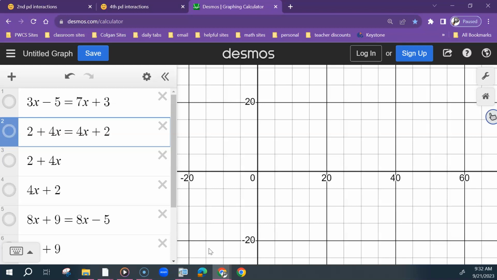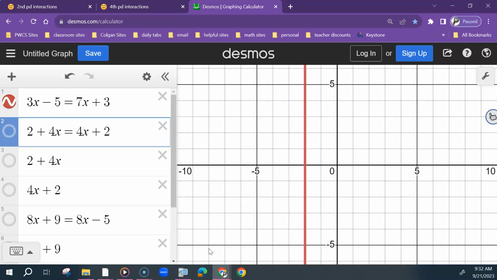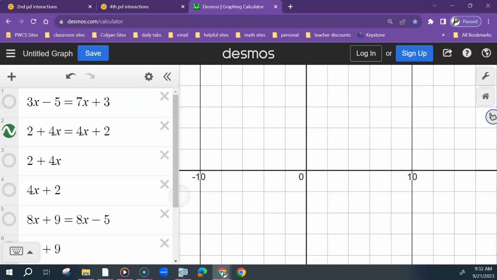So if we have one solution, so I typed in this, it will look like a line. Whatever that line is, look at the x value. The answer to that equation would be x equals -2. That would be most of your equations. Now some of your equations, so like for infinitely many, if I put this in, you won't see anything.